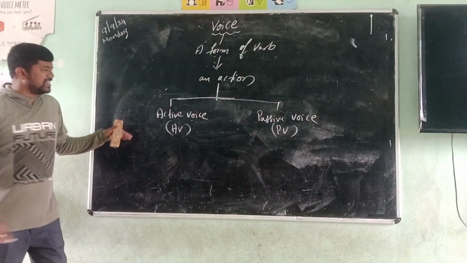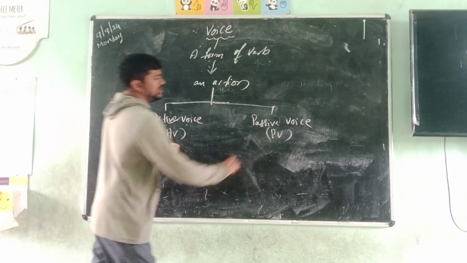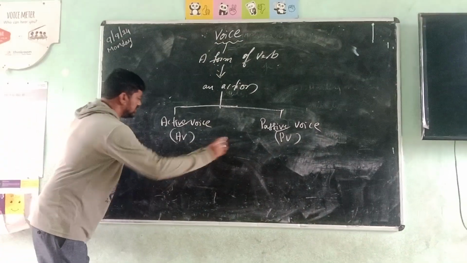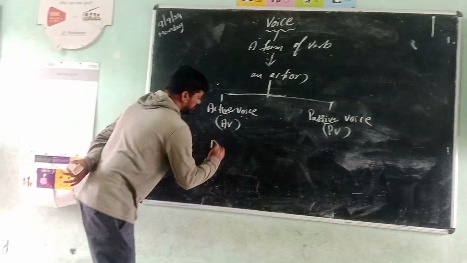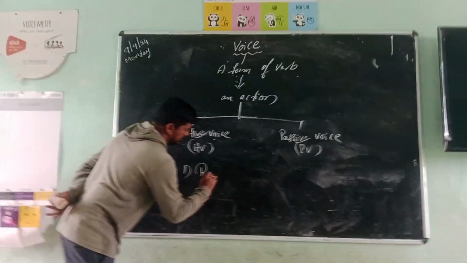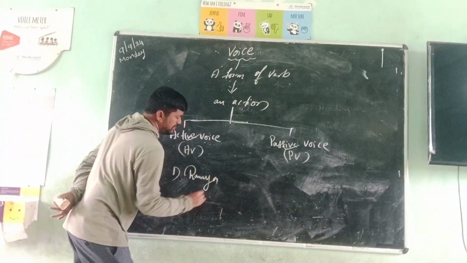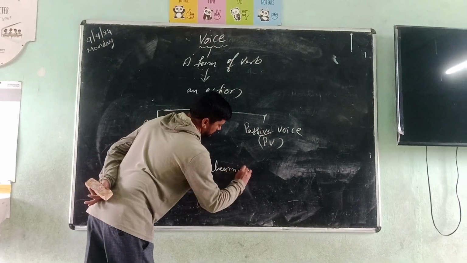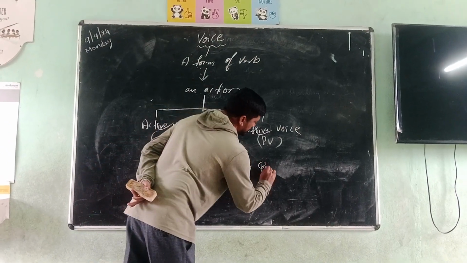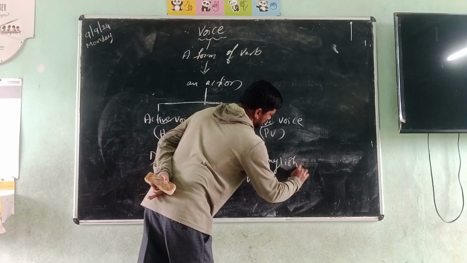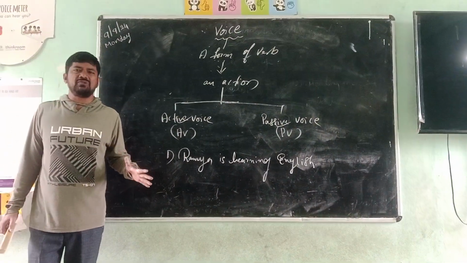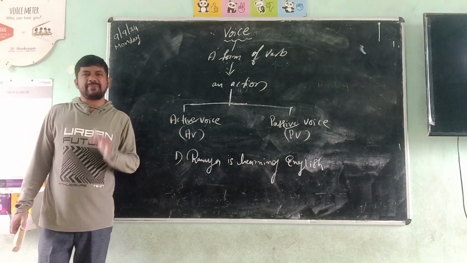Let us first understand what an active voice is and what a passive voice is, taking a small example. See, I'm writing here, for example, Ramya is learning English. This is an active voice. I'll tell you how we can identify an active voice and a passive voice.